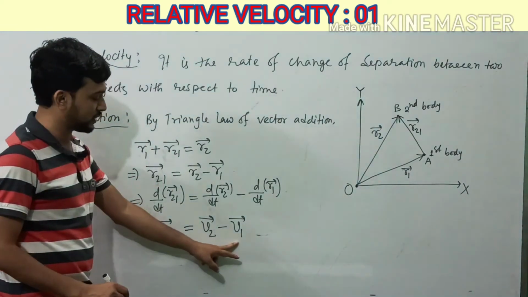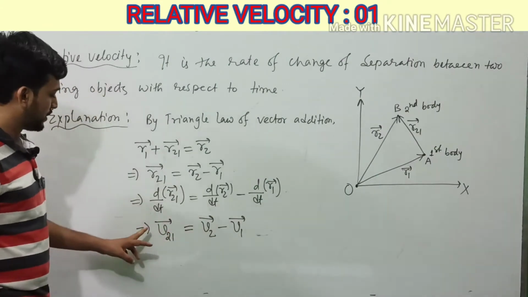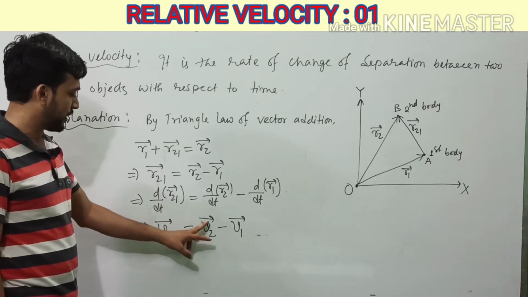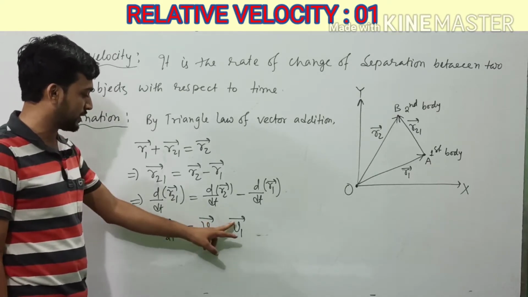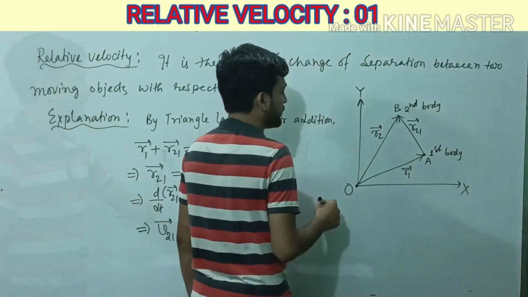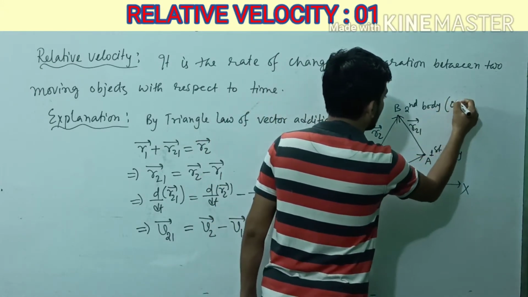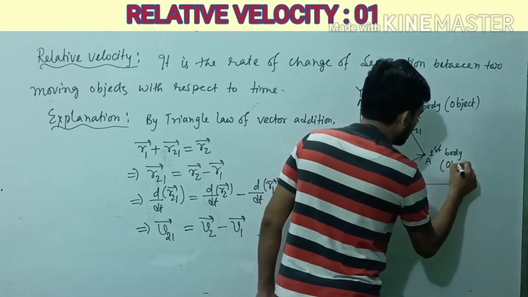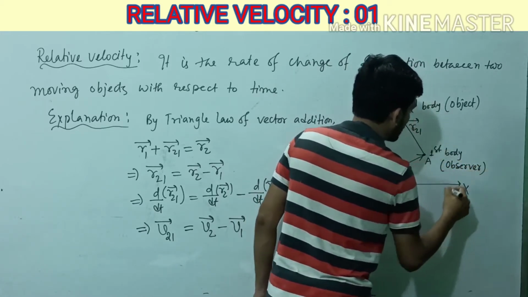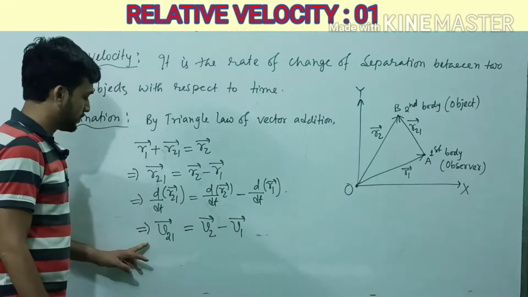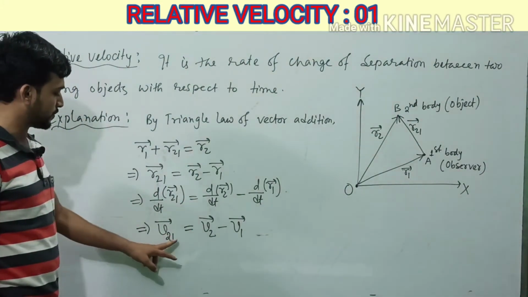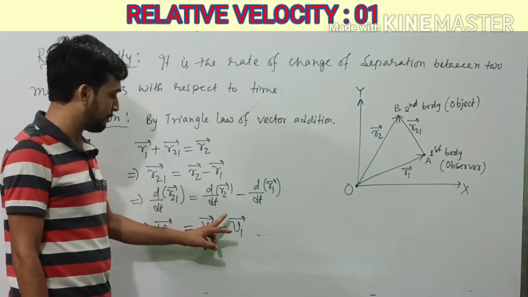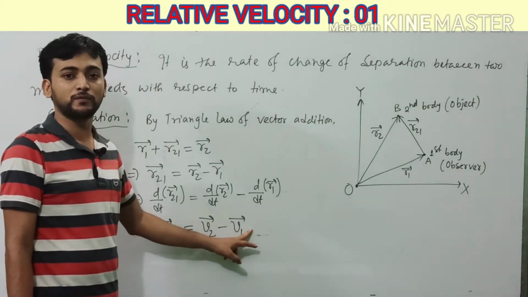So from this equation we can say that relative velocity of second body with respect to first body is equal to actual velocity of second body minus actual velocity of first body. If we consider second body as the object and the first body as the moving observer, so we can say that relative velocity of the object with respect to a moving observer is equal to actual velocity of the object minus actual velocity of observer.